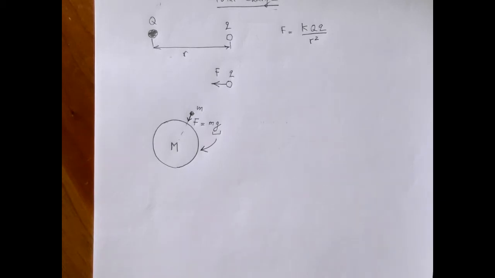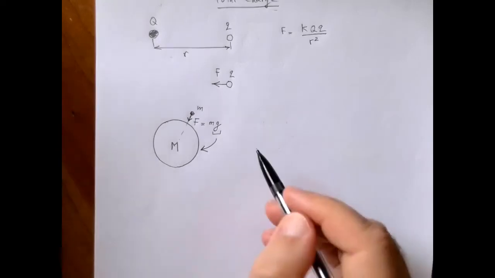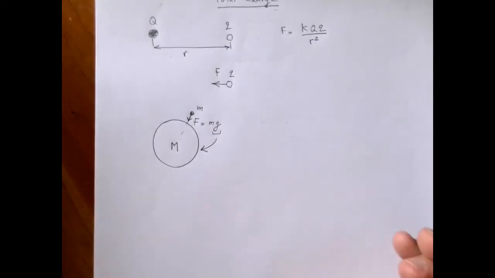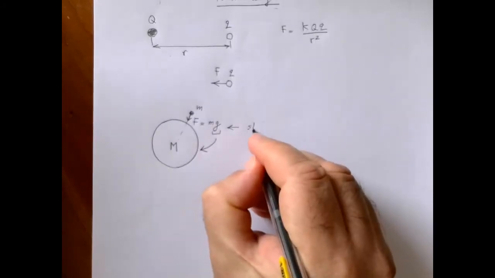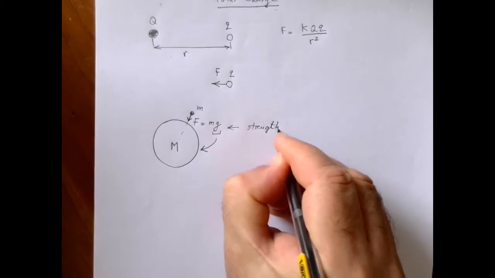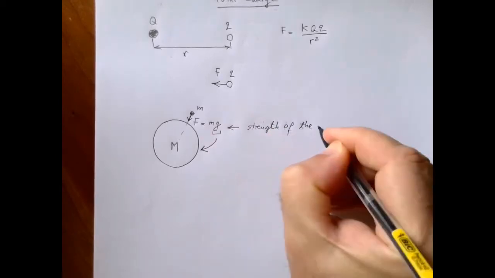And we saw in the video on gravity that actually this g, it is an acceleration, but more importantly for this problem, it is a strength of the gravitational field.